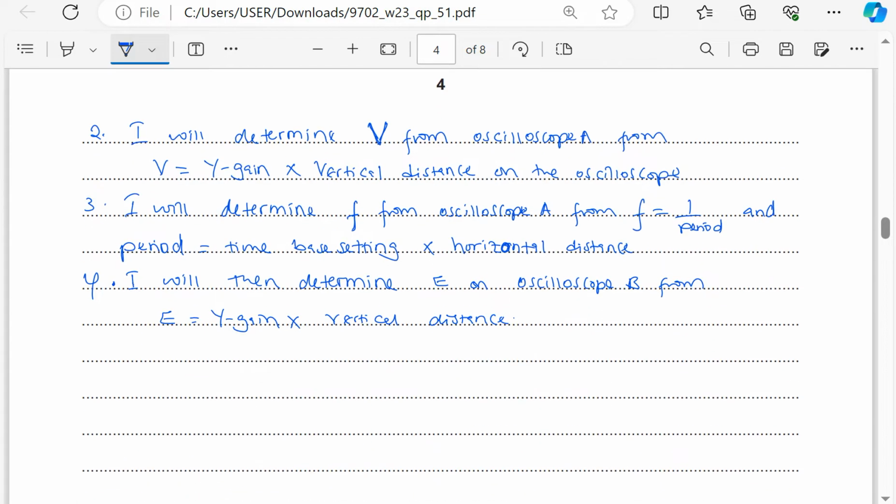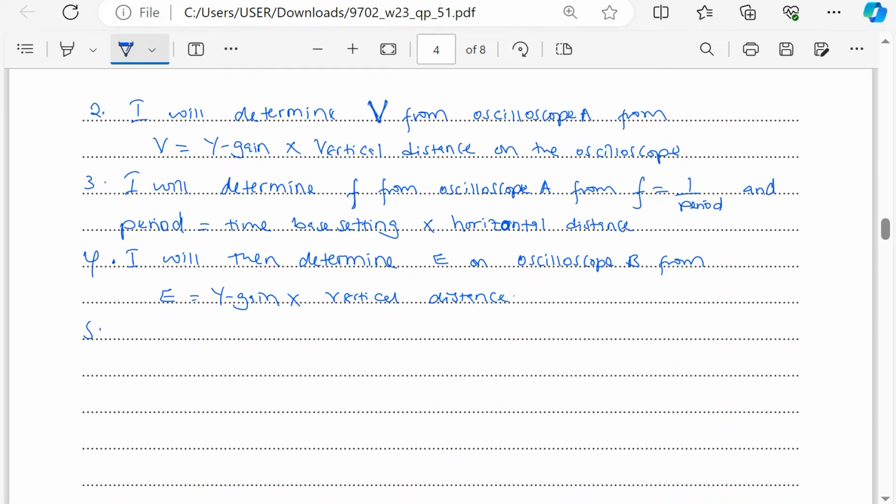Okay, so we now have E. Now the next step, which is going to be step 5, must be to repeat steps so that I have different values of F and E. So I will repeat step 4.